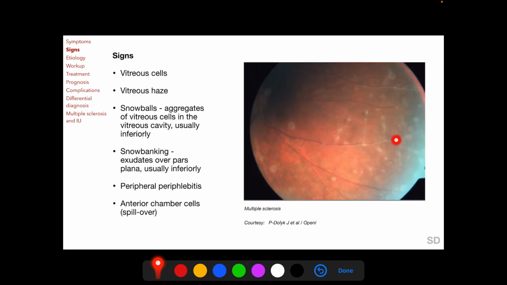Peripheral periphlebitis is another feature of intermediate uveitis, and here we see the perivascular infiltration along with snowballs. In intermediate uveitis, anterior chamber cells may be present, but they are much fewer than cells in the vitreous cavity, and they are said to have spilled over from the vitreous cavity.